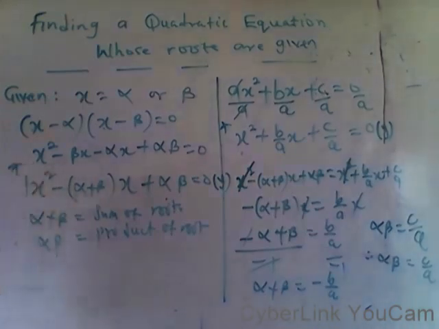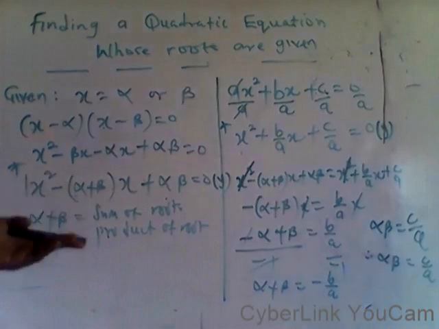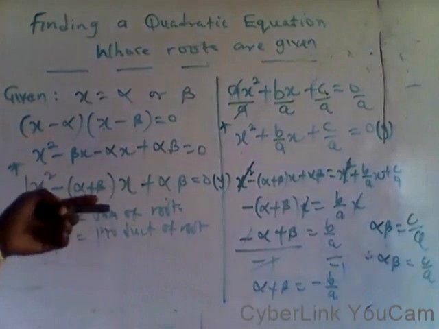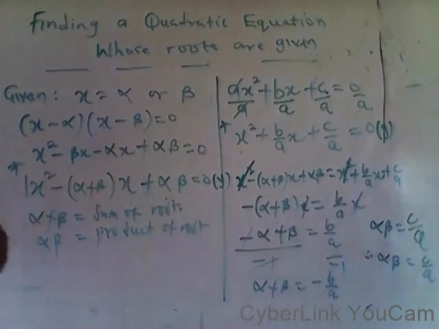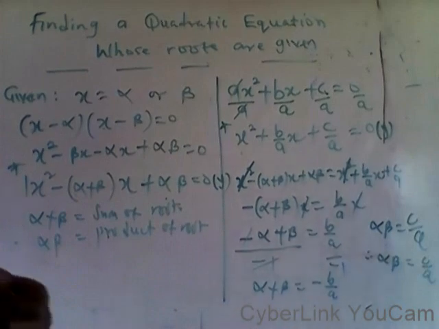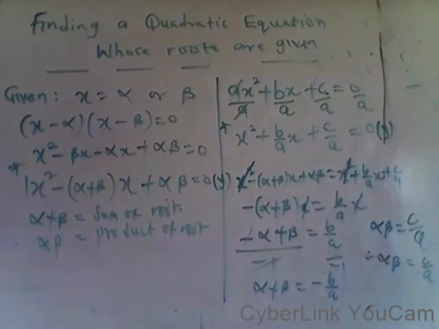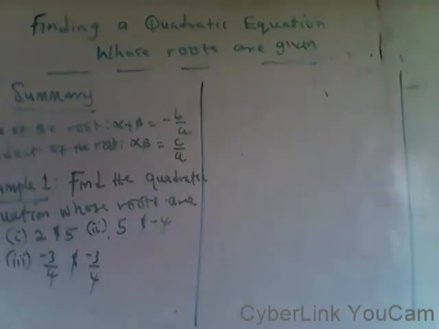Please, let's take note of this because we are going to use the knowledge from what we have done here to solve many equations under this aspect. So let's take example 1. So this is example 1.